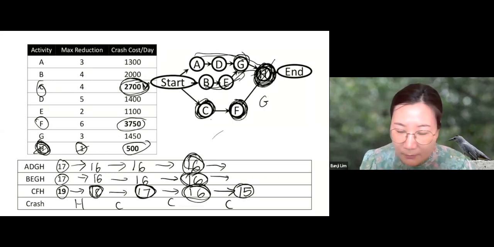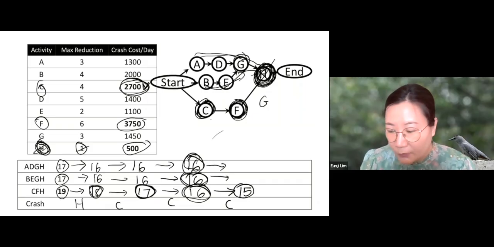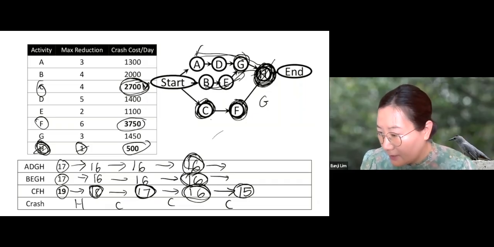So this is one option, but we can also crash one from the first path and one from the second path. For example, we can crash, say, A from the first path and B from the second path, right? This is a possibility.